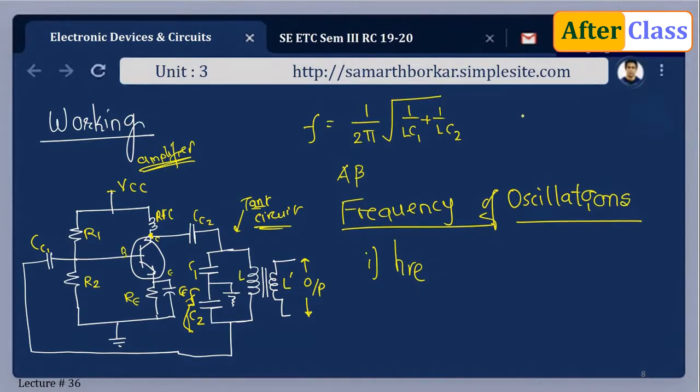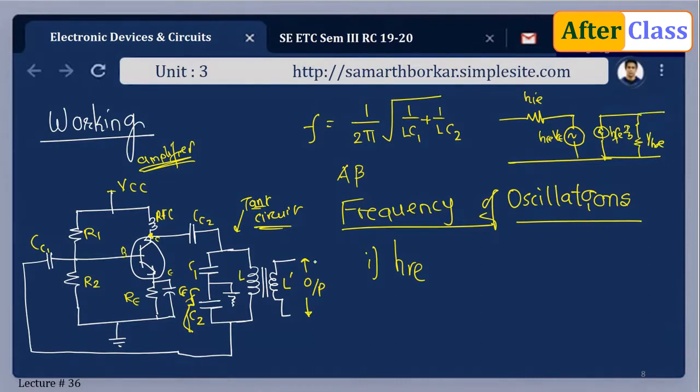If we recollect the transistor model, we have HIE, and here we have the voltage source which is given as HRE into VCE, the current gain HFE IB, and this is 1 by HOE. This is the complete hybrid model.